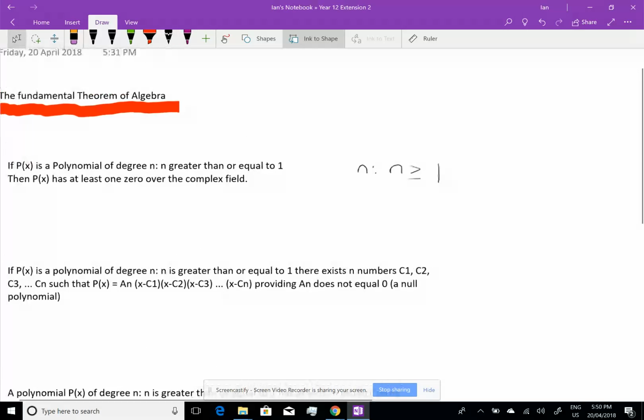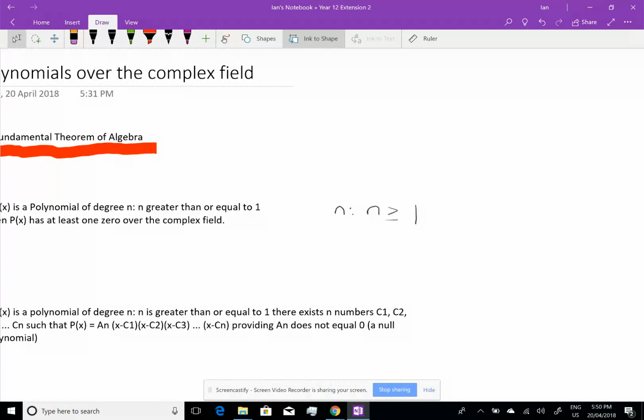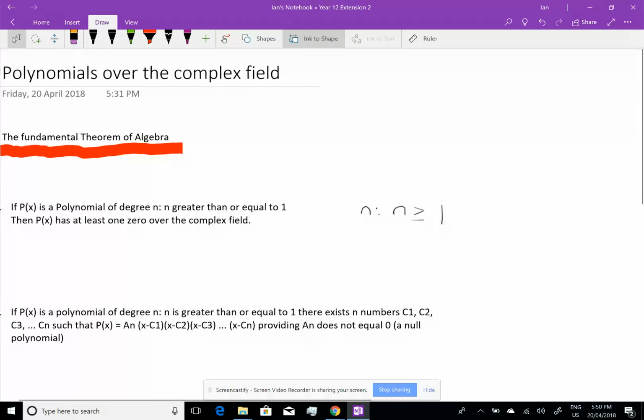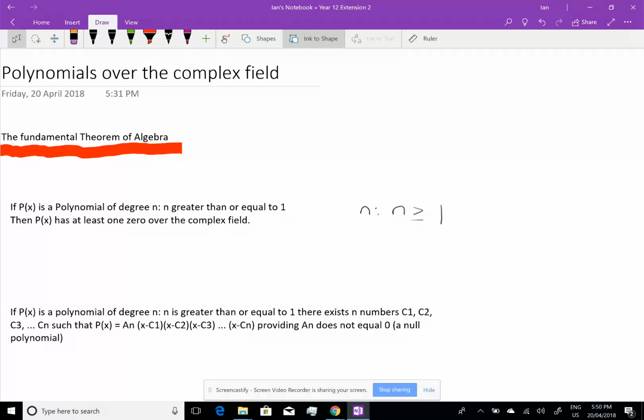That sounds obvious. If we take a straight line, a polynomial with a degree of 1, eventually it's going to cross the x-axis somewhere along the line. A parabola, if it doesn't cross, will have a complex root. A cubic will always have a real root.